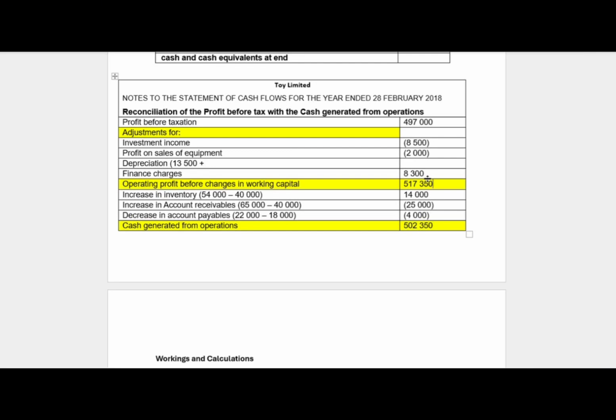We also less profit before taxation, which is going to be 497,000. How much are you getting there? I am getting 22,500. Did I miss something?